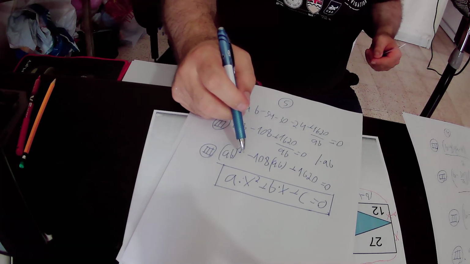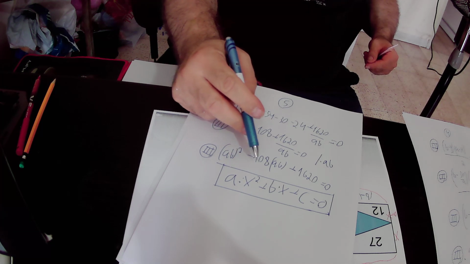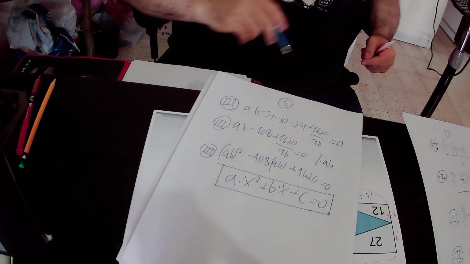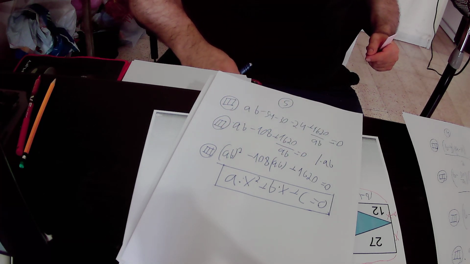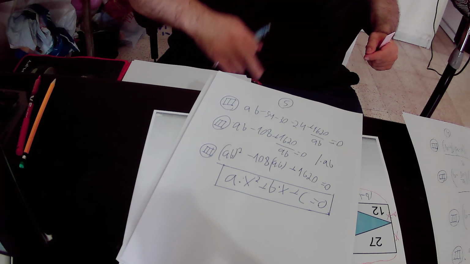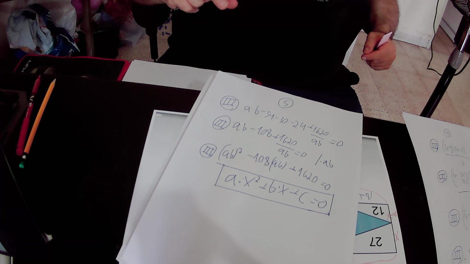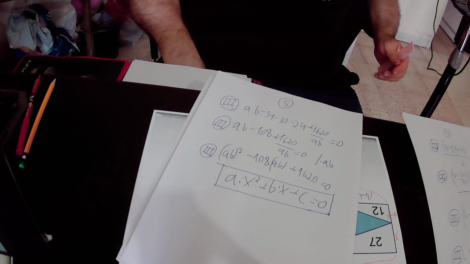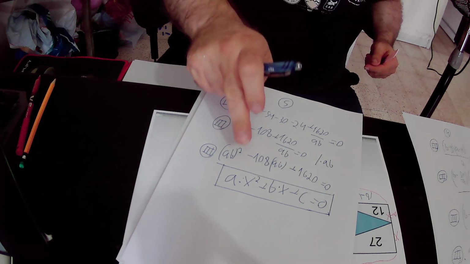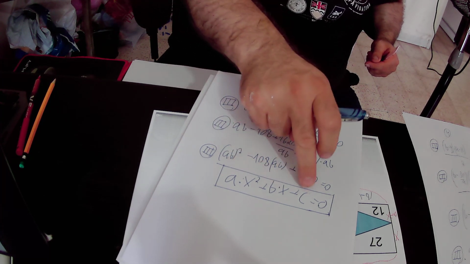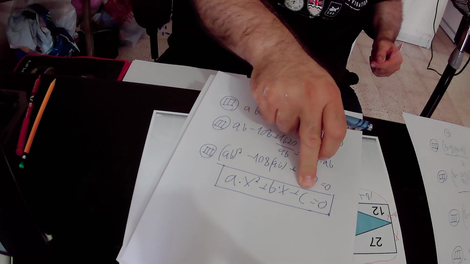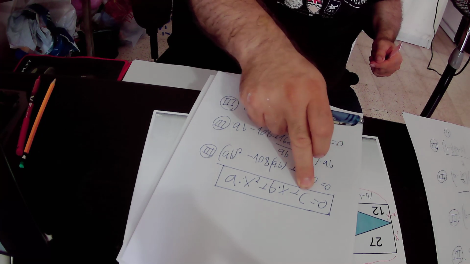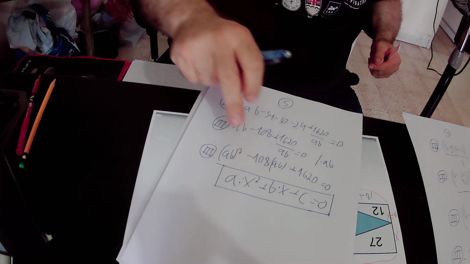A times x squared plus b times x plus c equals 0 is the general form of a quadratic equation. A, B, and C in this equation are the coefficients of the quadratic equation.